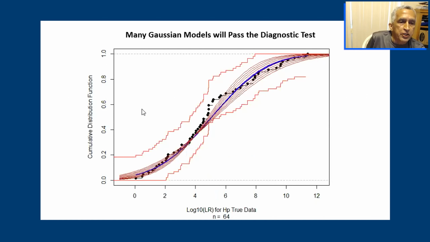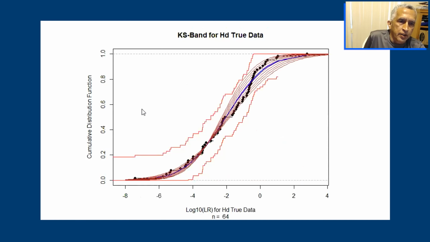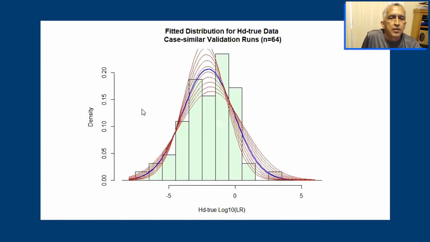Now, this picture shows multiple Gaussian models that could all be deemed reasonable for the HP data and for the HD data. The only purpose of these slides is to show lots and lots of models would pass the diagnostic test.